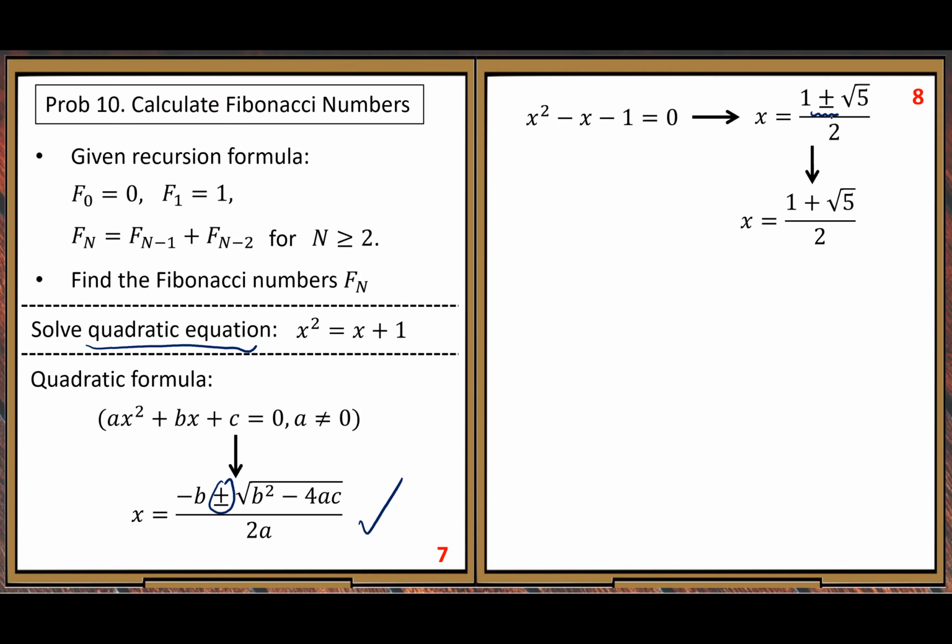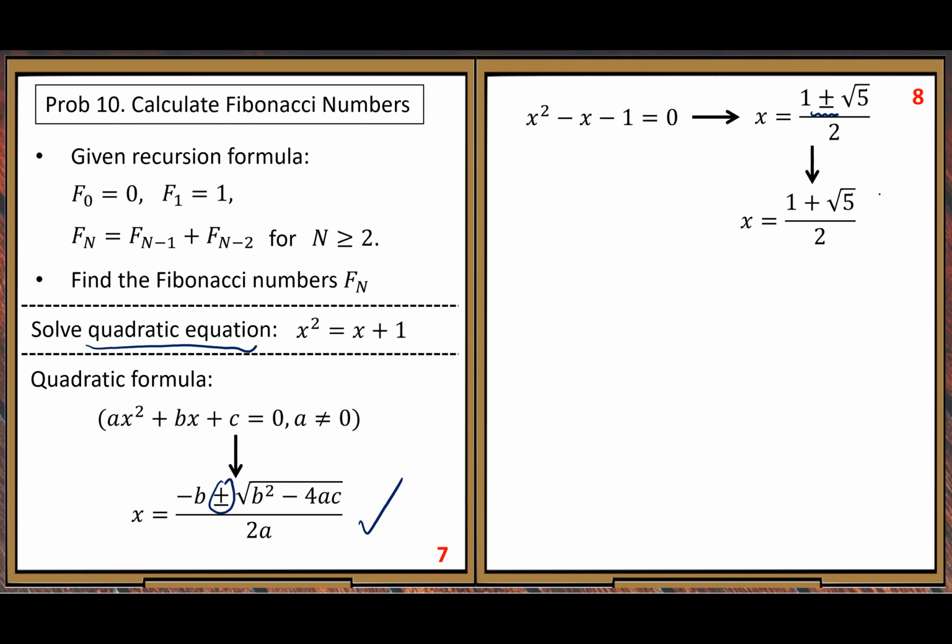So we drop 1 minus root 5, because it's negative. We keep the first one, x equals 1 plus root 5, the whole thing over 2. So we find that solution.